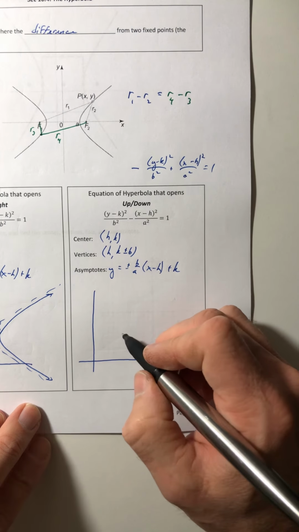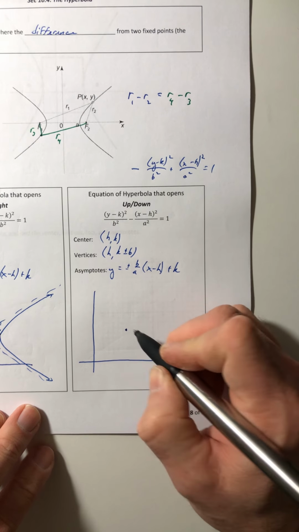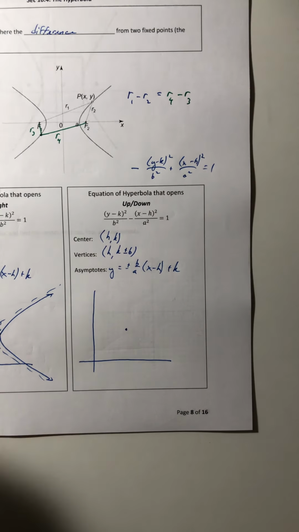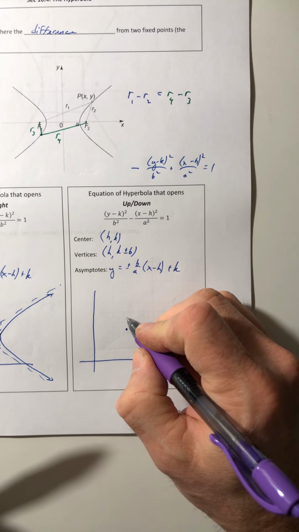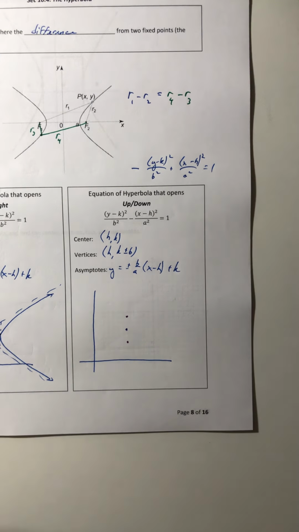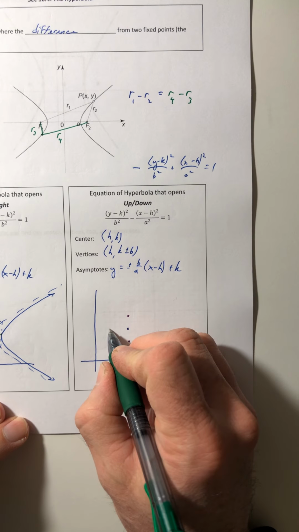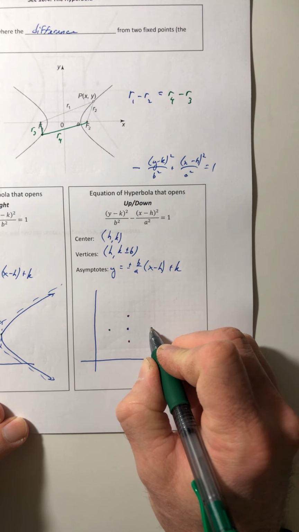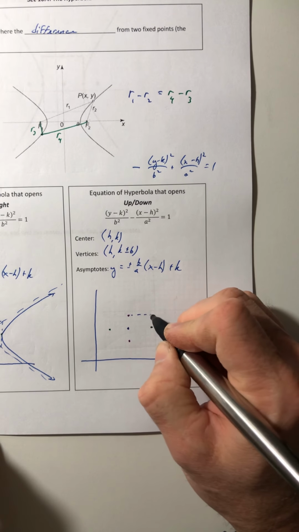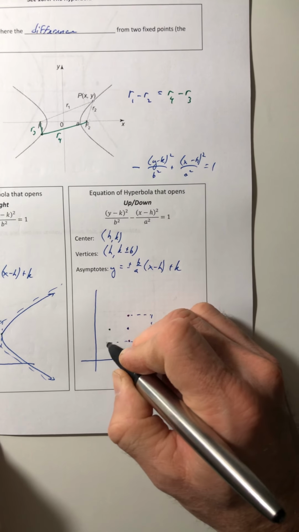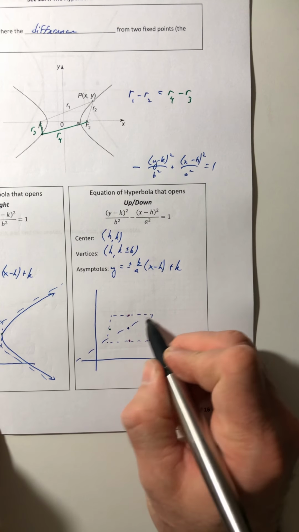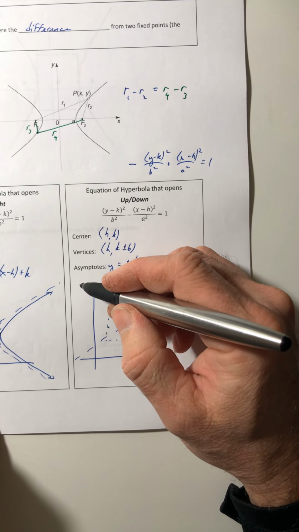You plot them the same way: from the center go up and down by b, whatever that value comes out to equal, and left and right by a. You make that box, and then draw in your asymptotes from corner to corner in that box.